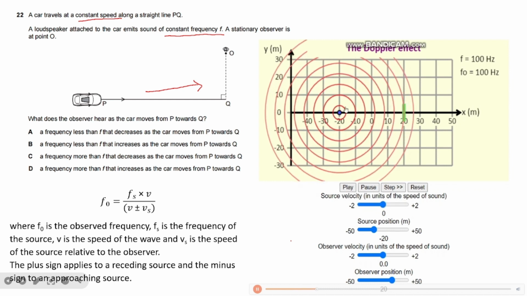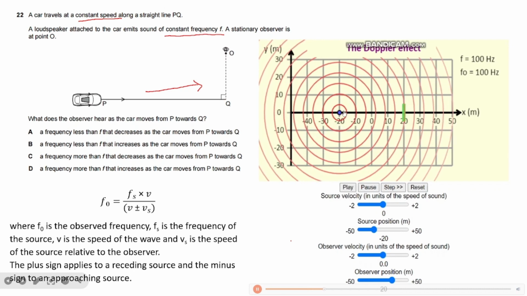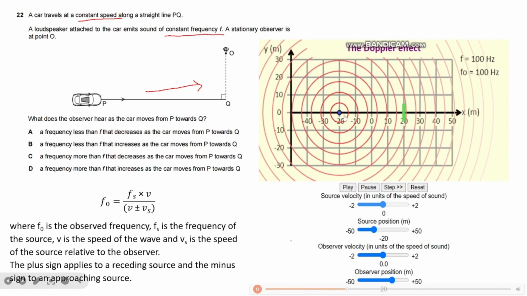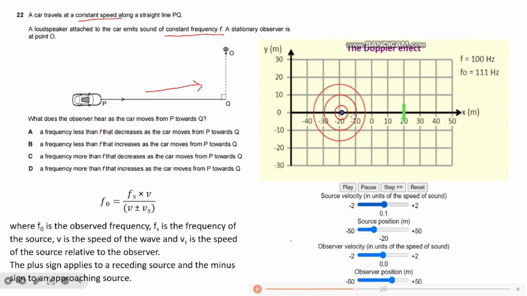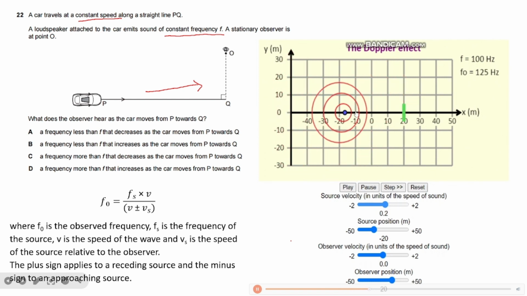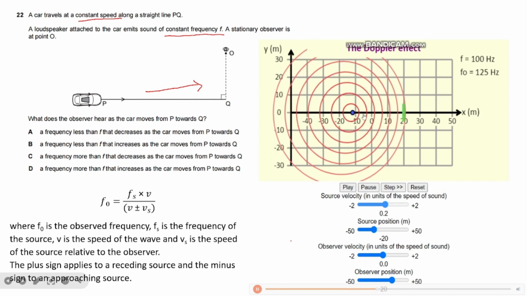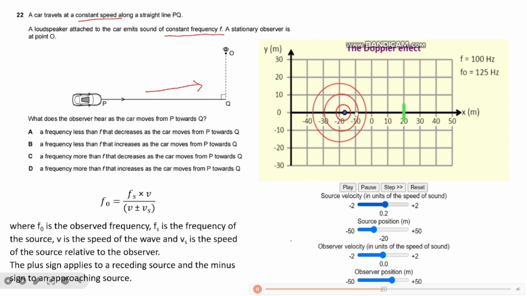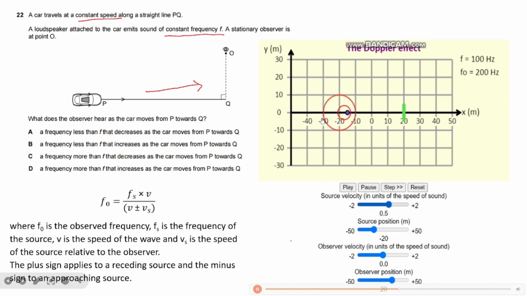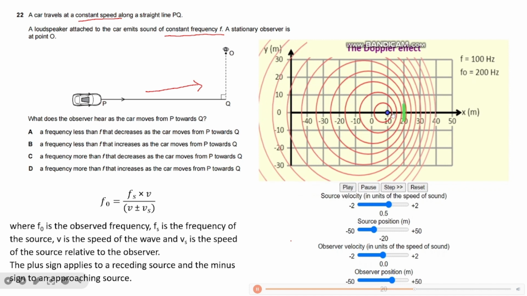This is a constant frequency emitted by the source, and the observer is also receiving a particular frequency. But as it is moving, you could see on this side the waves are compressed, creating a high frequency region, and to the opposite side there will be a low frequency region. So the waves are compressed, creating a high frequency, right?